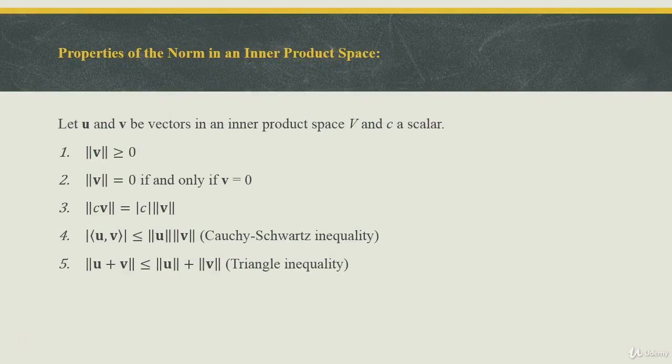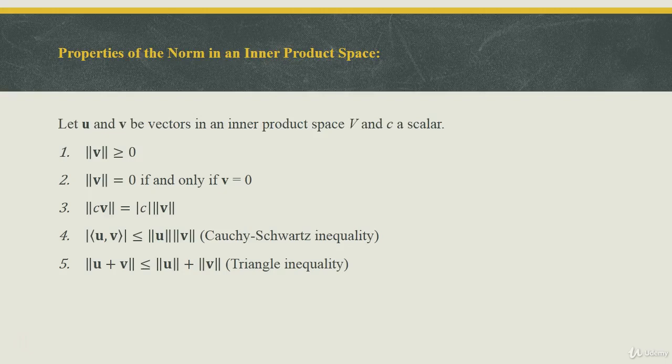Now come to the next part, which is properties of the norm in an inner product space. Let U and V be vectors in an inner product space V and C a scalar. Then first, norm of V is greater than or equal to 0. The next is norm of V is equal to 0 if and only if V is equal to 0.